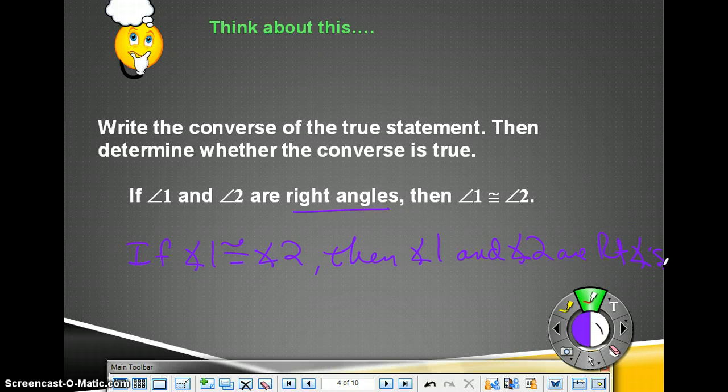So think about that for a second. Are all congruent angles also right angles? Do they have to equal 90 degrees in order to be congruent? No. So this is not true. When we switch the if and the then, sometimes it's not true, sometimes it is true.